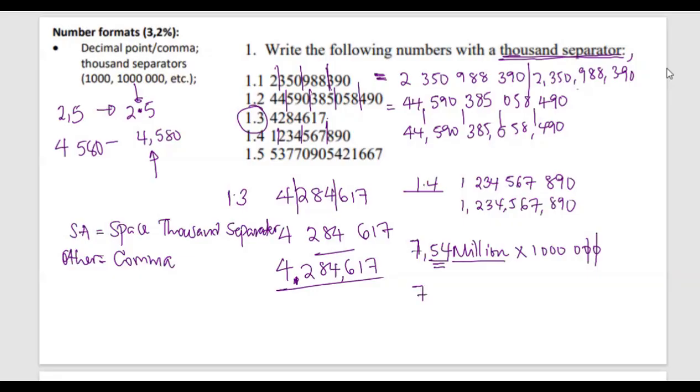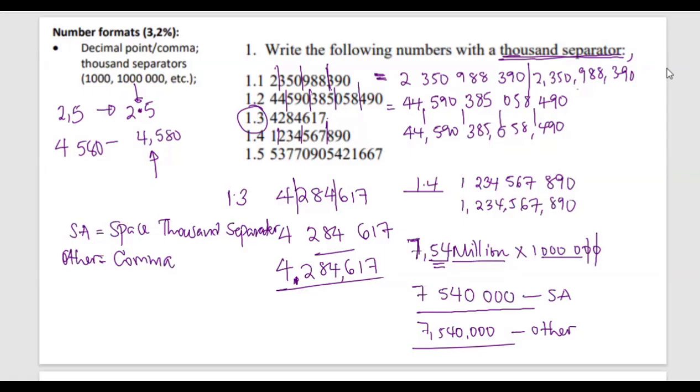So you remain with 7 540 000. Because the 2 zeros have gone, we remain with 4 zeros. So this is South Africa, and we are saying this is for other countries.